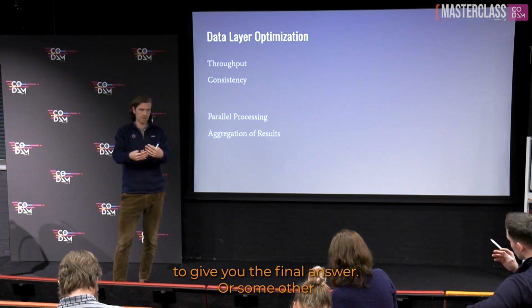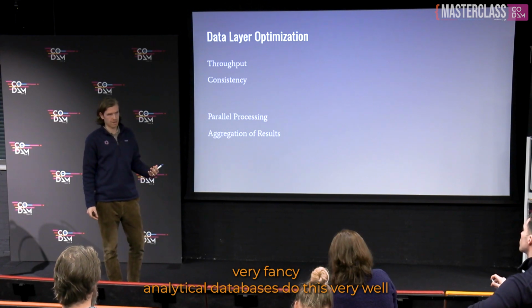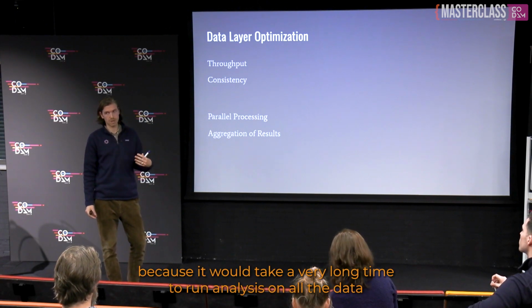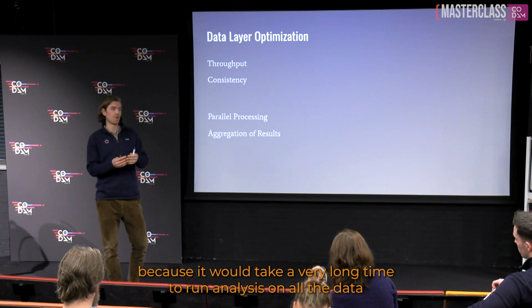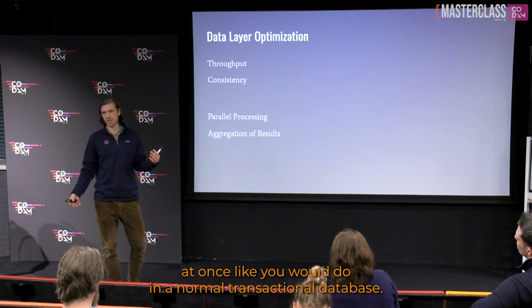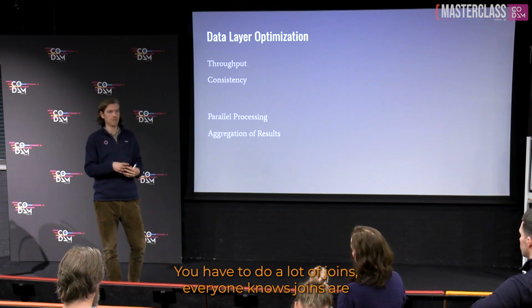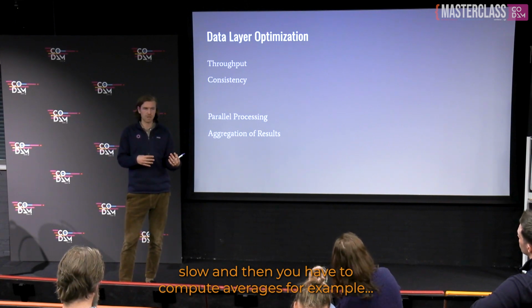Some other fancy analytical databases do this very well too, because it would take a very long time to run analysis on all the data at once, like you would in a normal transactional database. You have to do a lot of joins. Everyone knows joins are slow, and then you have to compute averages, for example.